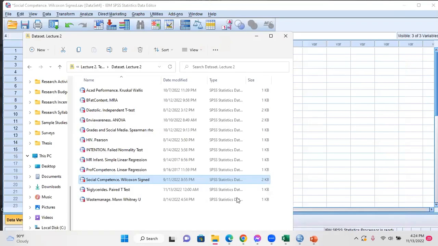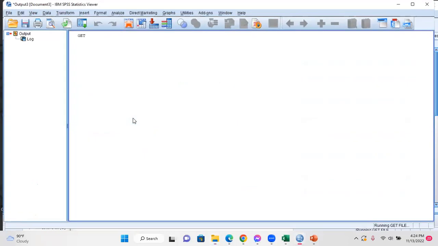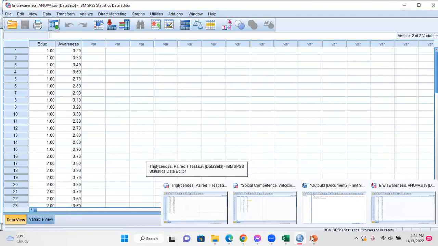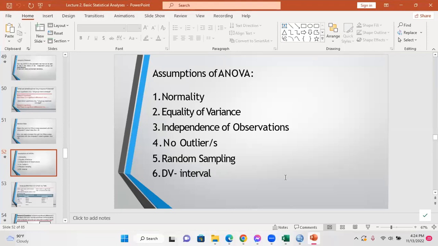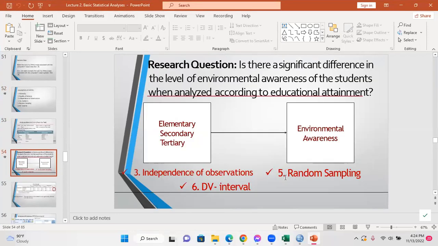O, dito tayo. Open the environmental awareness. So, anong research question? Is there a significant difference in the level of environmental awareness of the students when analyzed according to the educational attainment? So, ano daw klaseng educational attainment?